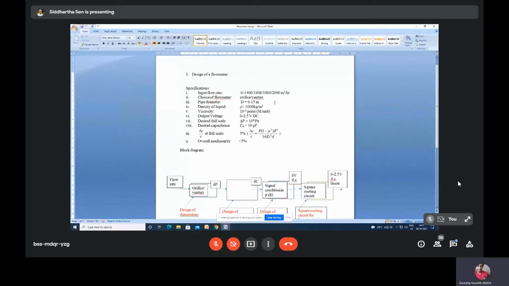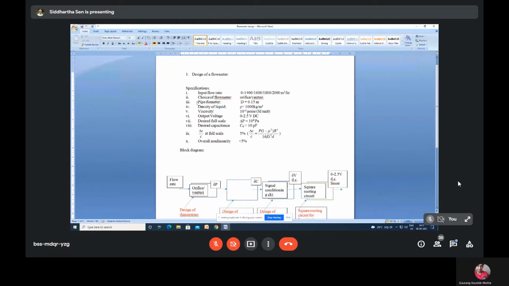We know the orifice meter is easy to construct, and cost is low, but it has got a permanent pressure drop, while the Venturi construction is difficult and the cost is more, but its permanent pressure drop is almost zero. Yeah, 1% or 2% correction.